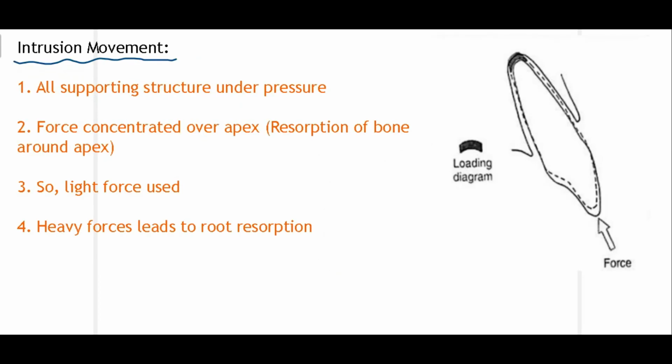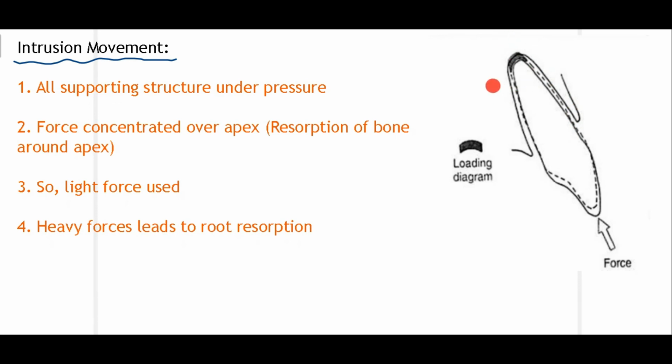When the tooth moves out, it is known as extrusion, but when the tooth moves in, it is known as intrusion movement. As you can see in this diagram, force is applied in this direction. This is the original position of the tooth, and now when you apply force in this direction, this will be the position of the tooth that is required. The tooth is moving in this direction towards the apex. So this is known as intrusion movement. All of the structures that are present, for example PDL and bone, are all under pressure because force is being exerted over here.